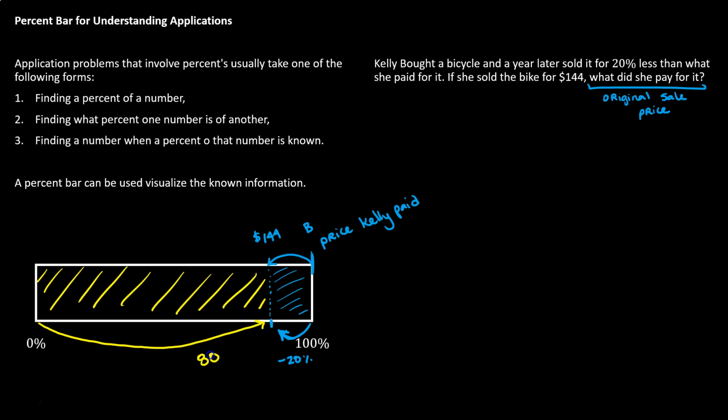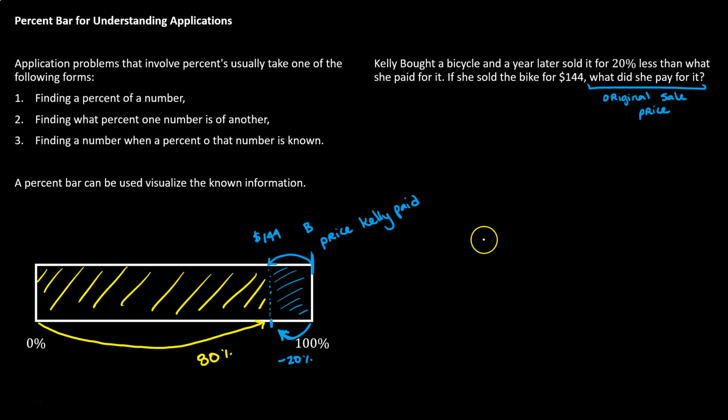That would be 80%, because 80 plus 20 equals 100. So we've got 80% in yellow, 20% in blue, which means the percent that this person is paying is 80% of what Kelly paid. She is taking a 20% loss. This new person is buying it at 80% of what Kelly paid.